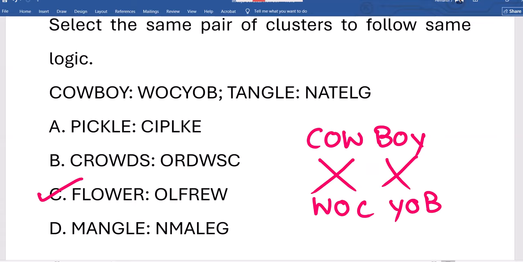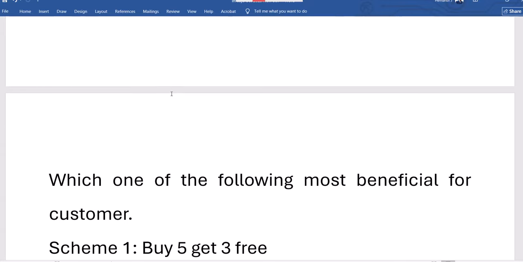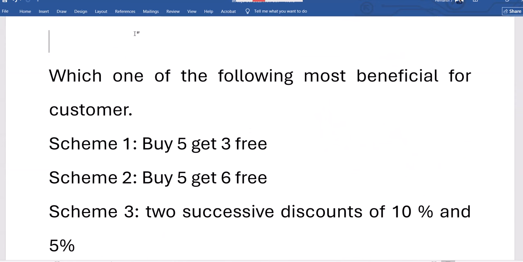So flower, you can see OLF, REW. Divided into two groups. First three swapping, next three swapping happens. Sometimes they will do first three plus one, next three minus one. Maybe any logic. This is one such question.